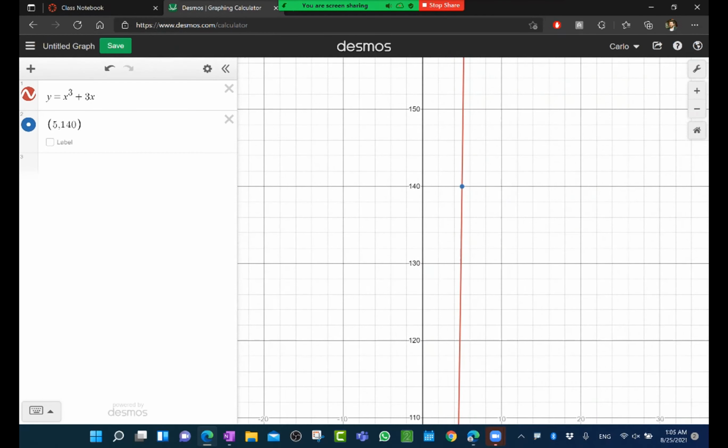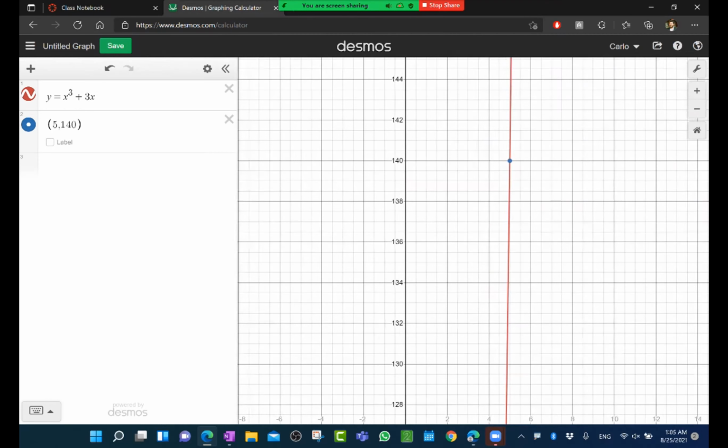And there's another proof that we're right. You see how that blue dot is right there on the line? That means that that domain value, 5, corresponds to that range value of 140. You see, if you go horizontally over here, you're at 140.